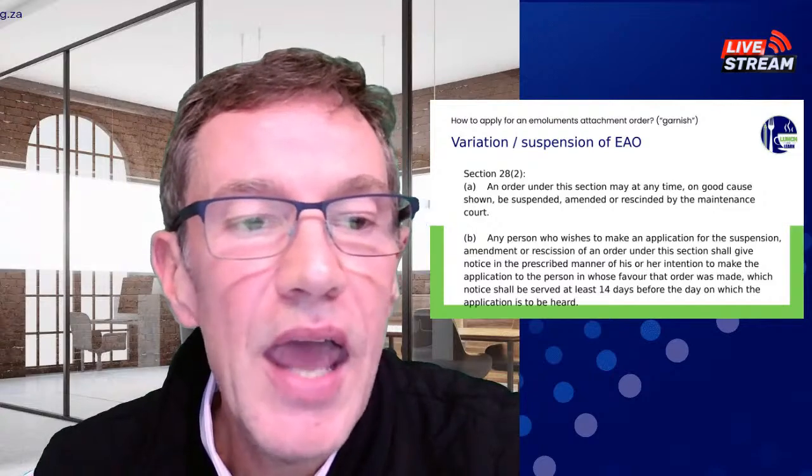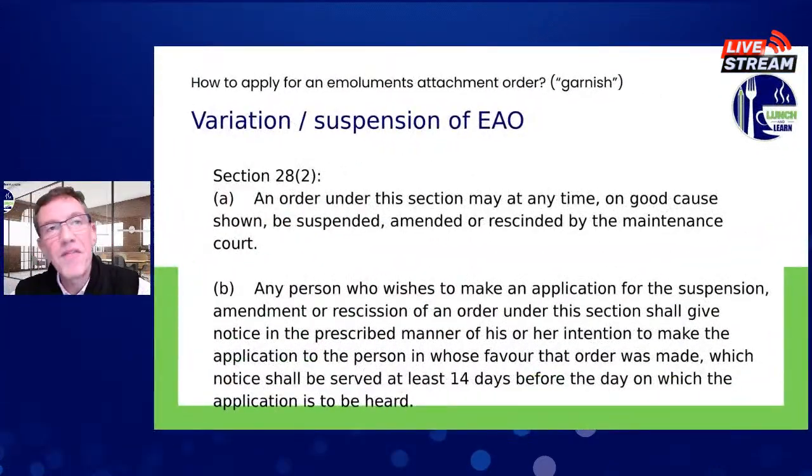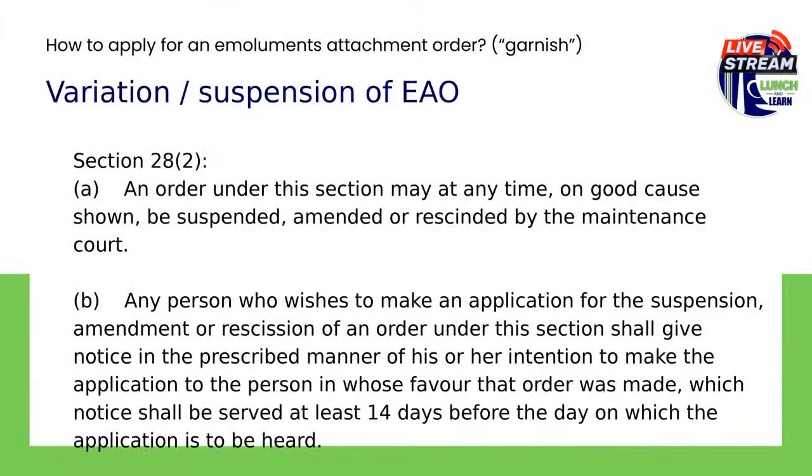Variation and suspension. At any stage, if even the respondent or the employer feels that there is good cause that the emolument attachment order or the garnishee order should be suspended, amended, or rescinded, then they can approach the court for such an order by making an application, bearing in mind that you, as the complainant or the applicant in this matter, should be notified thereof at least 14 days before the application is to be heard.